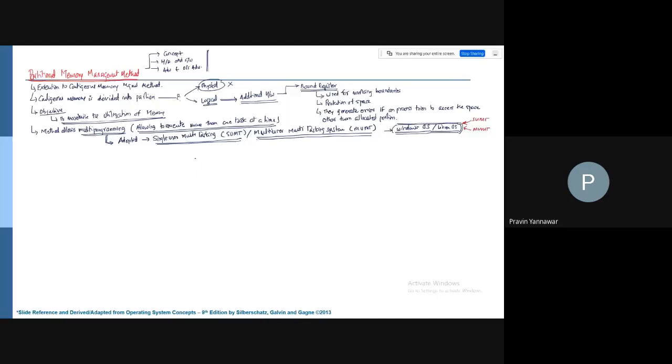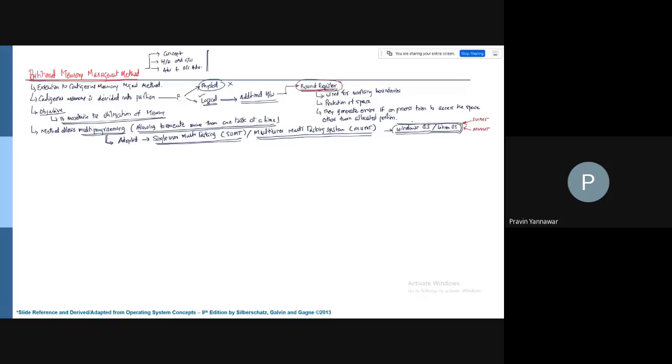Okay, the interesting point is that partition memory management is an extension to the contiguous memory management method. Contiguous memory is divided into partitions. These partitions can be physical or logical. So logical partitions are being created; all partitions are logically created.